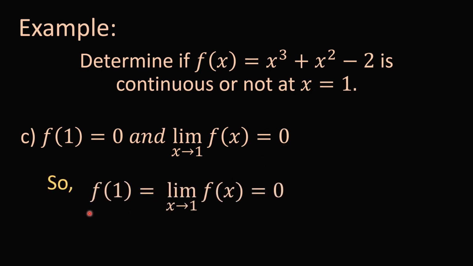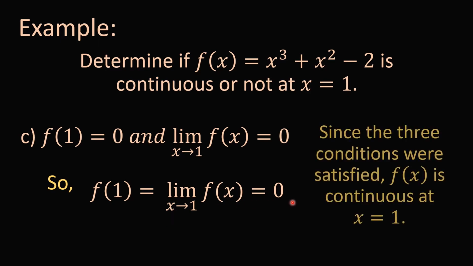So, f of 1 is equal to the limit of f of x as x approaches 1. They have the same value, which is 0. Because of this, our third and last condition is satisfied. Therefore, we can say that the given function f of x is continuous at x is equal to 1.